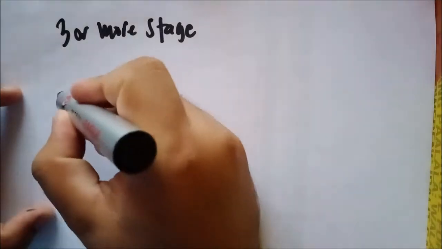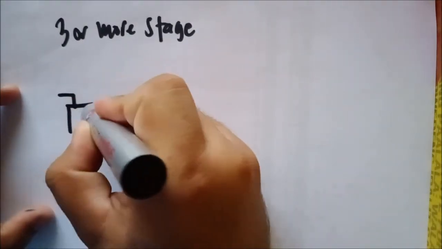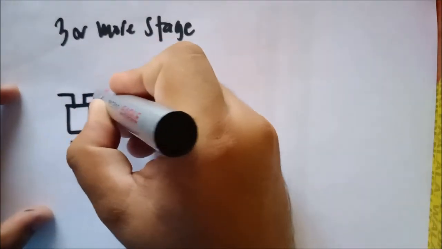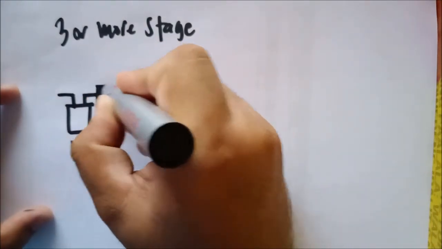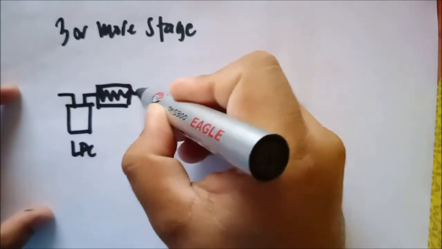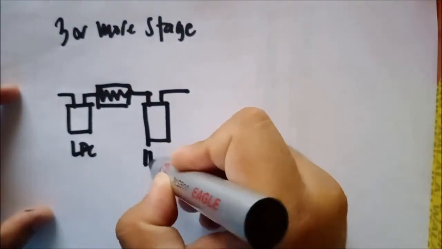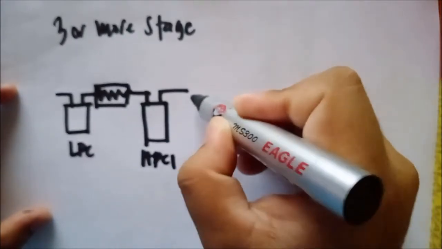So the 3 or more stage compression basically works on the same principle. We will just take a 3 stage as an example. For example, we have a 3 stage compressor. So this is our low pressure compressor. This is our HPC1.